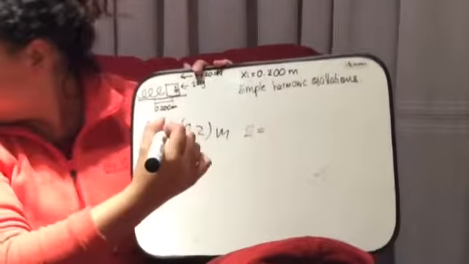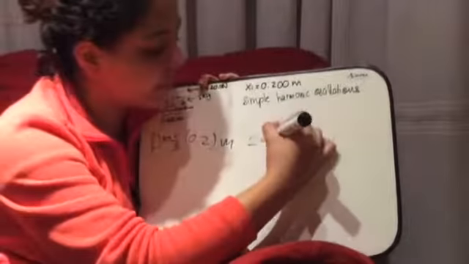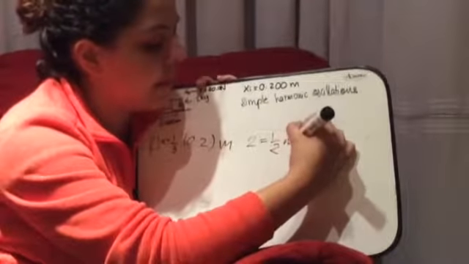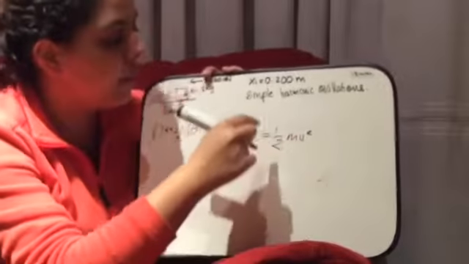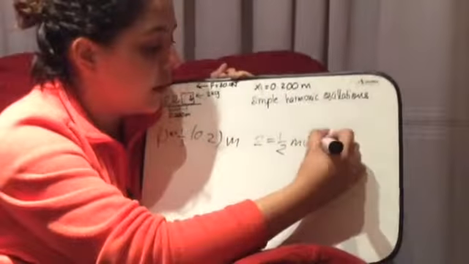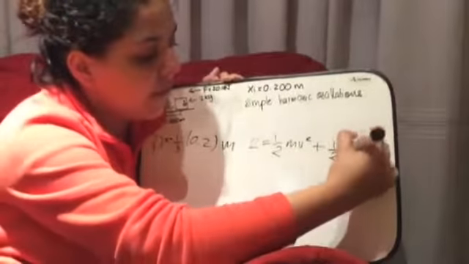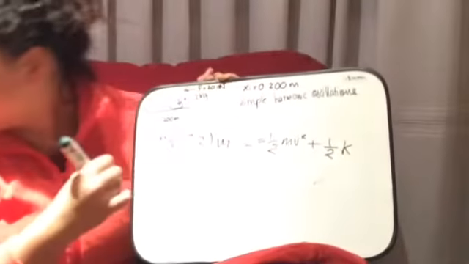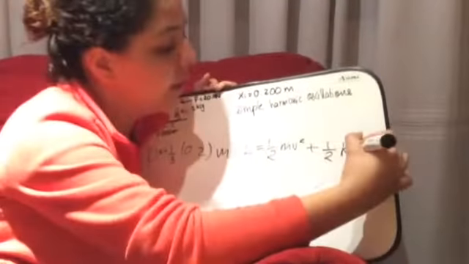We know that the value we just obtained for the energy, which is 2, should be equal to 1/2 of the mass times the velocity squared, where the mass is 2 kilograms, plus 1/2 of the constant which we calculated at first, times x squared.